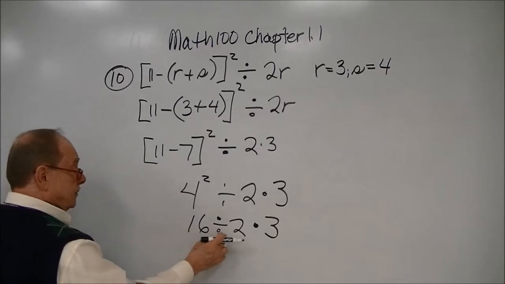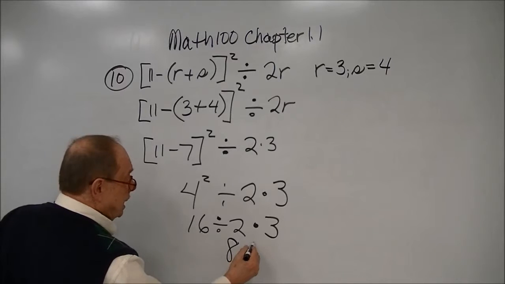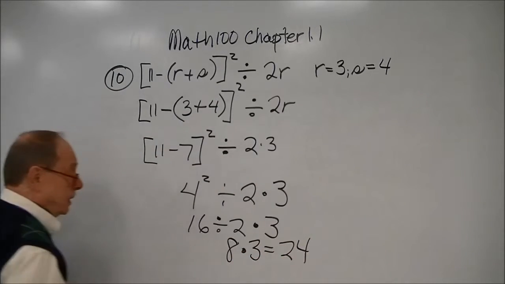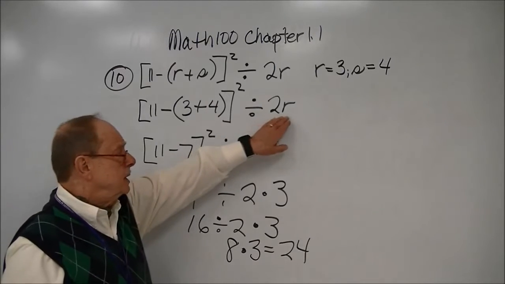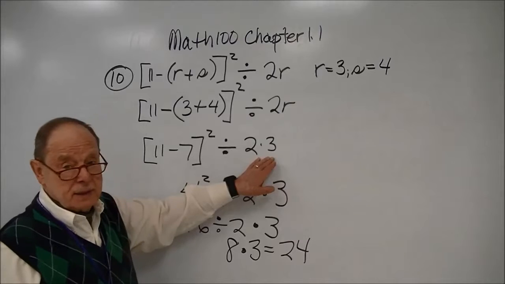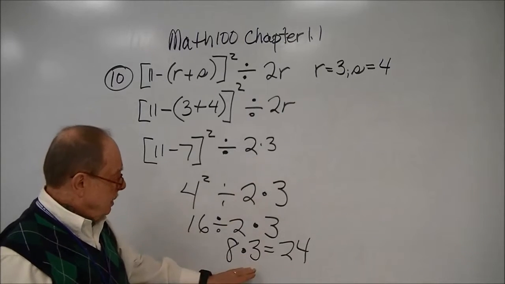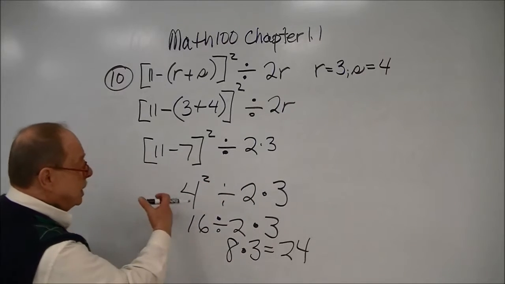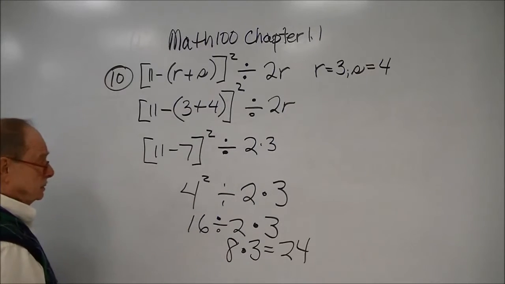So 16 divided by 2 is 8. 8 times 3 is 24. And that's the answer. Because if you do this multiplication first, that's incorrect. You have to do the division first, whatever comes first as you go from left to right.